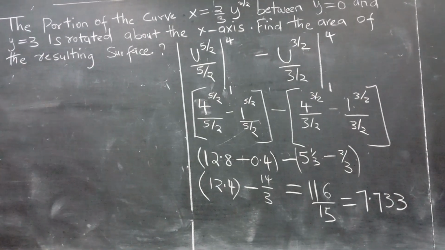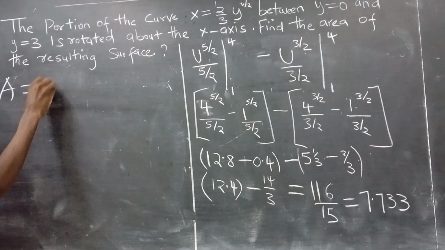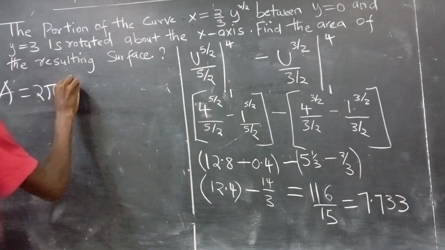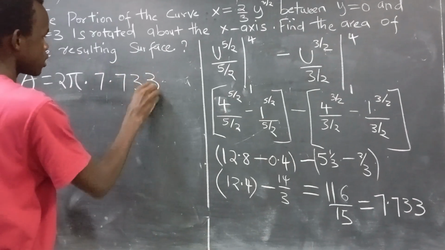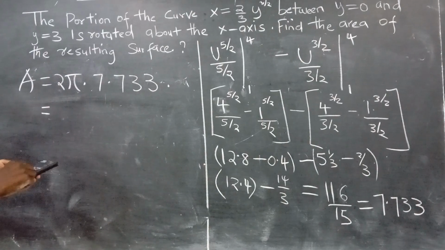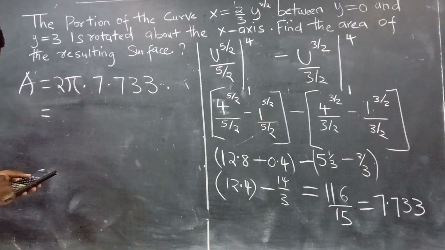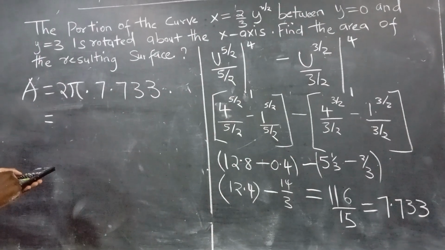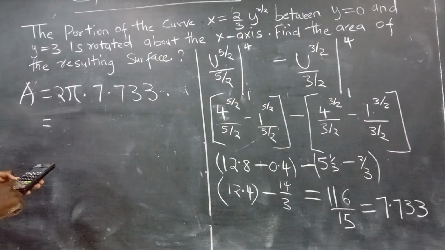So final answer will be area equals 2 pi multiplied by 7.733.